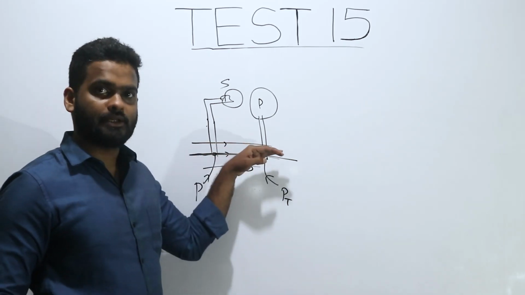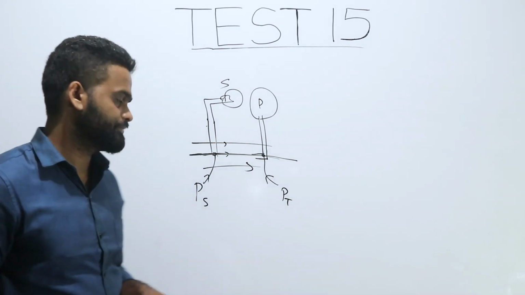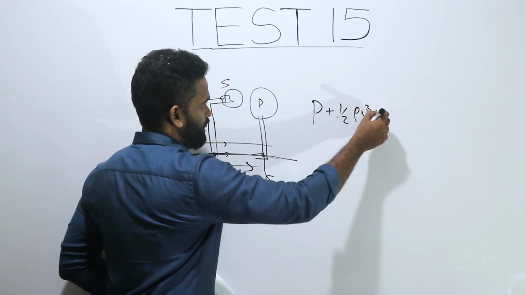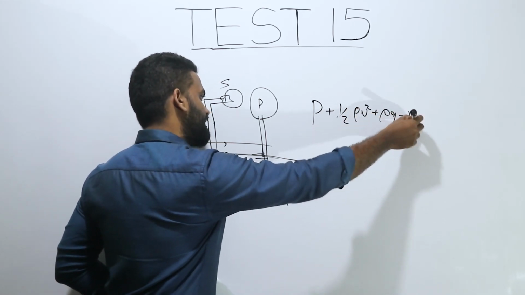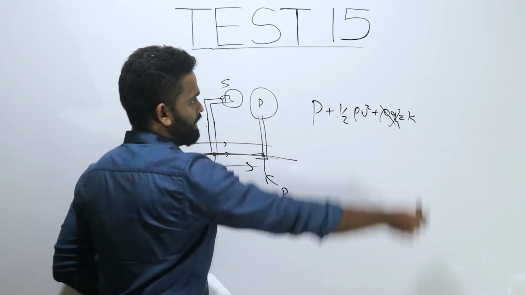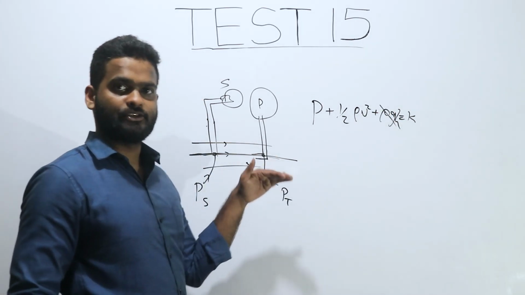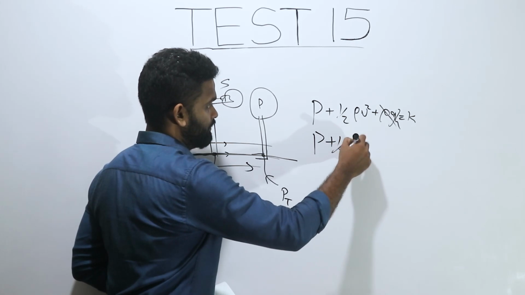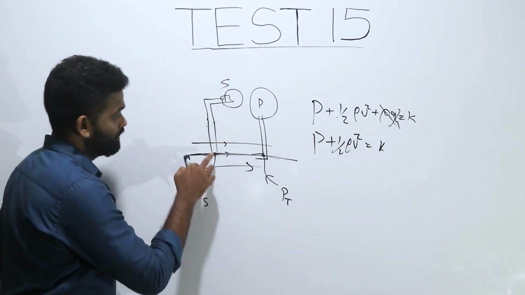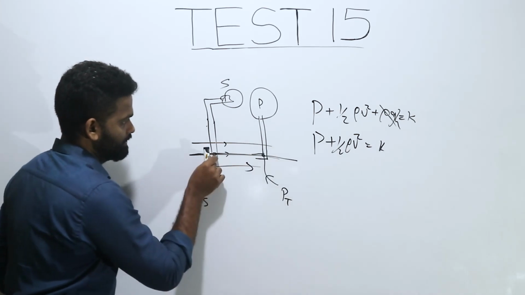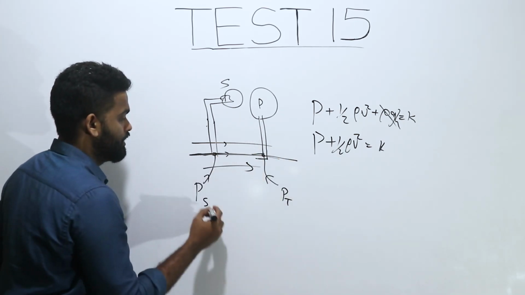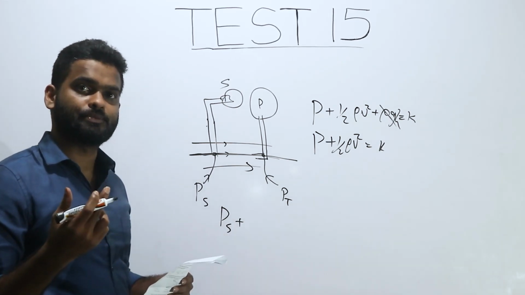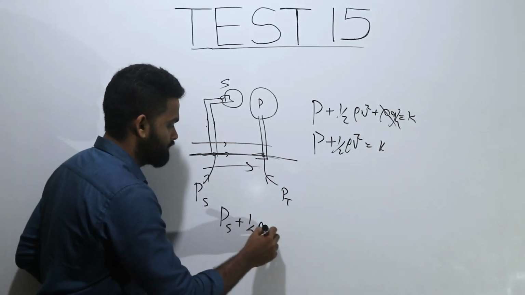Since this is a streamline, you can apply Bernoulli's equation. Bernoulli's equation says pressure plus half rho v squared plus rho g h equals a constant. We don't have to consider rho g h because there's no change of elevation along the streamline. So pressure plus half rho v squared should be a constant. Pressure plus this one here should be equal to pressure plus this one here. The pressure here is PS, and what they ask is the speed. Let's say speed is v, so half rho v squared.